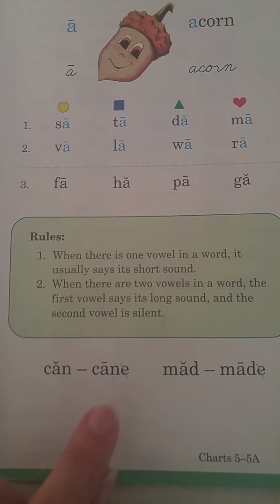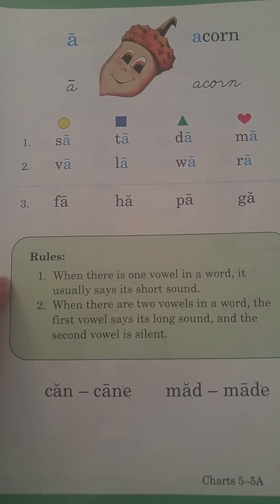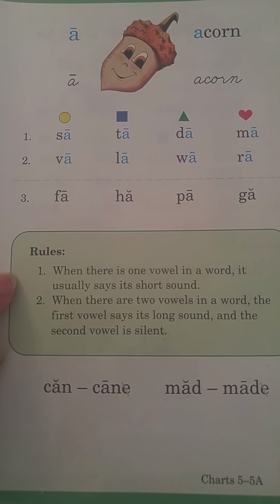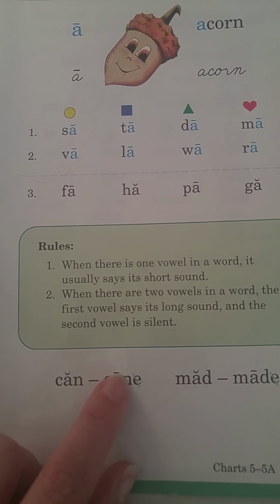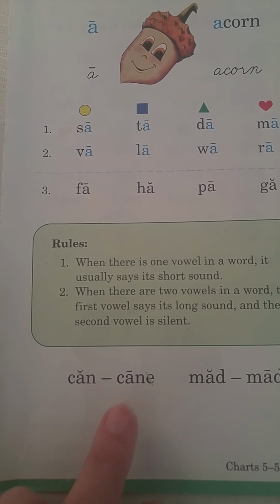When there are two vowels in a word, like this word that has two vowels, the first vowel says its long sound, and the second vowel is silent. We mark it with a stick, and then we cross out the second one so we don't say that letter.